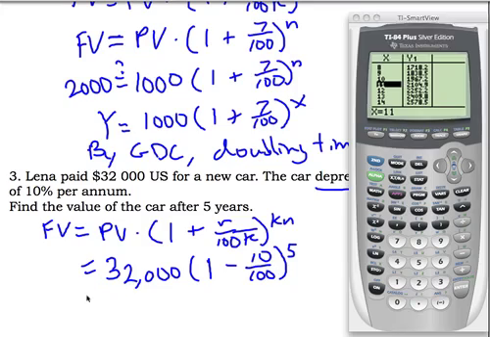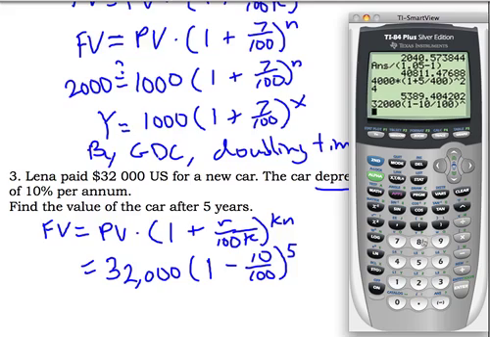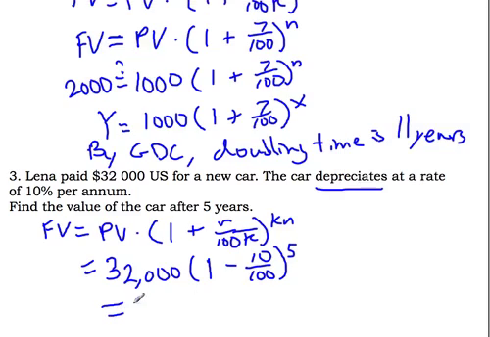So we're just going to type that into the calculator. We're going to have 32,000 times 1 minus 10 out of 100 to the power of 5. That gives us 18,895.68. And that's US dollars.